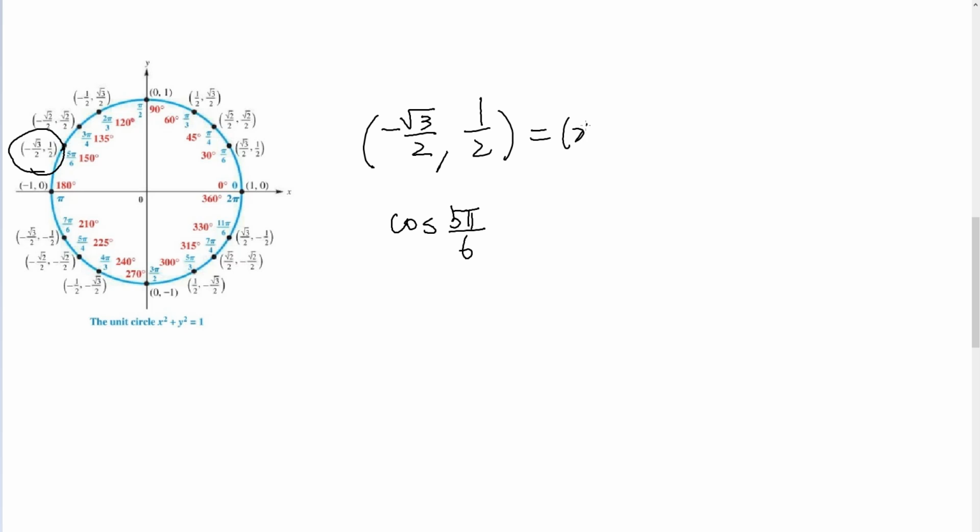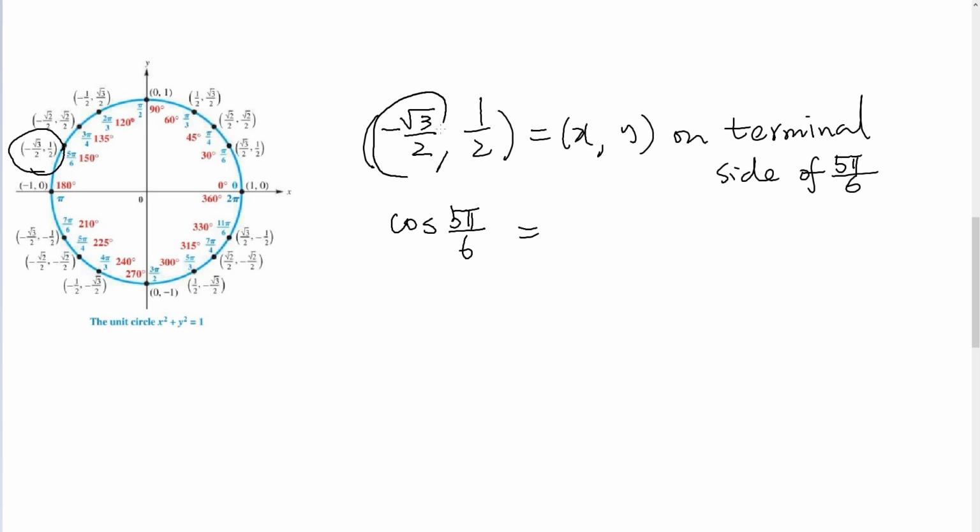This is your x and y value on the terminal side of the angle, and the point is on the unit circle. Cosine is the x coordinate value, so this will be your cosine 5 pi over 6. And then sine 5 pi over 6 is the y value, in that case 1 over 2. And these are circular functions.